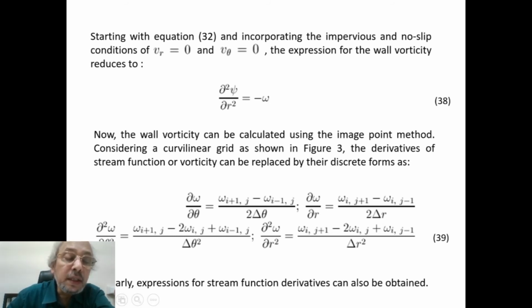Del 2 omega del theta 2, similarly central difference: omega i plus 1 j minus twice omega ij plus omega i minus 1 j by delta theta square. Del 2 omega del r2 is basically omega ij plus 1 minus twice omega ij plus omega ij minus 1, simple central difference divided by delta r square.